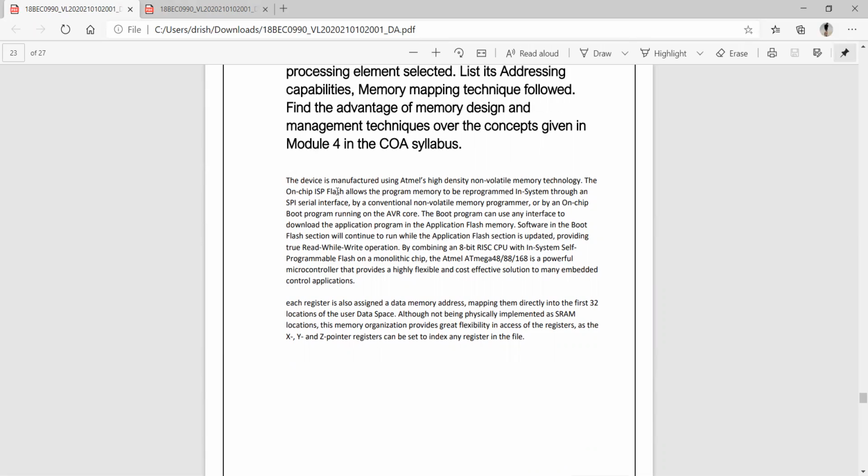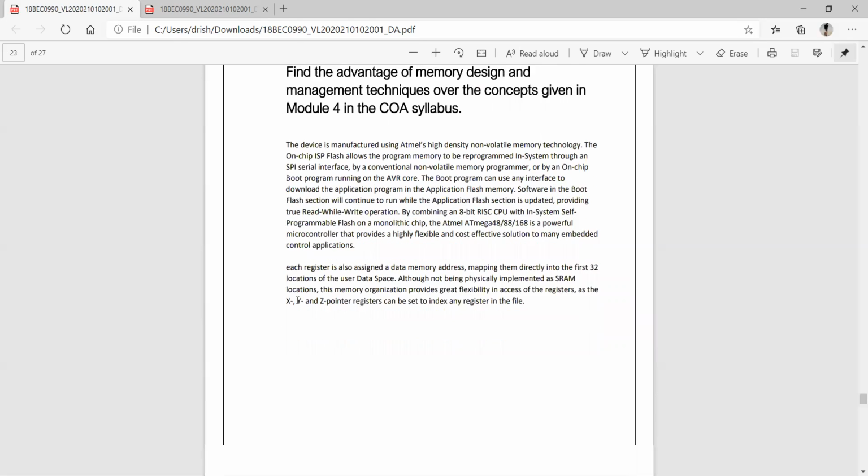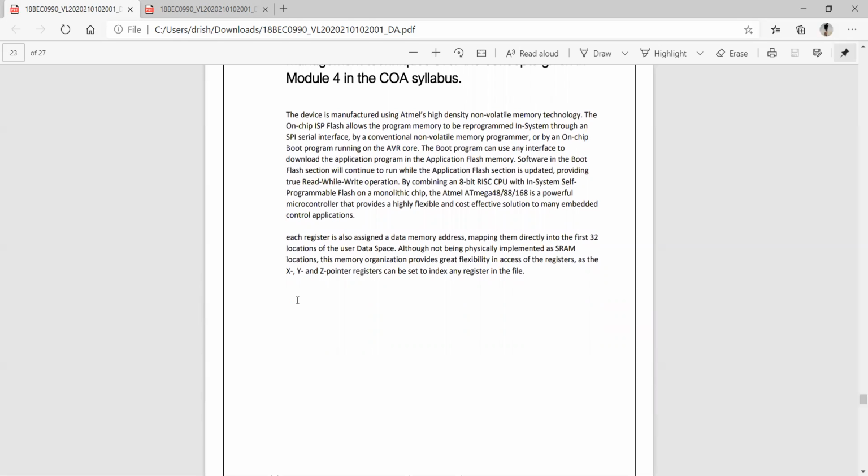The on-chip ISP flash allows the program to be reprogrammed in-system through an SPI interface, by a conventional non-volatile memory programmer, or by an on-chip boot program running in the AVR core. Each register is also assigned a data memory address, mapping them directly into the first 32 locations of user data space. Although not physically implemented as SRAM locations, the memory organization provides great flexibility in access to registers.